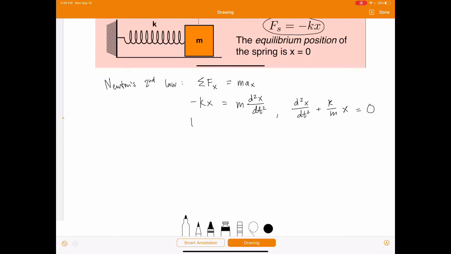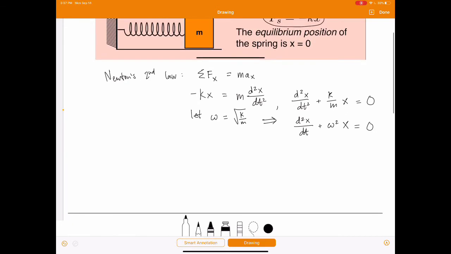Okay, the next thing I'm going to do is define a constant called omega, where omega is equal to the square root of k divided by m. So therefore, my equation looks like this. I have the second derivative of x with respect to time plus k over m, which would be omega squared, given the definition of omega that I just wrote down, times x. And that is equal to 0.